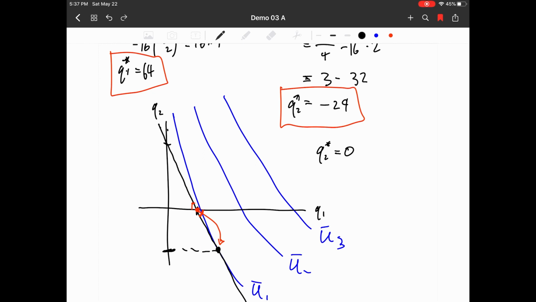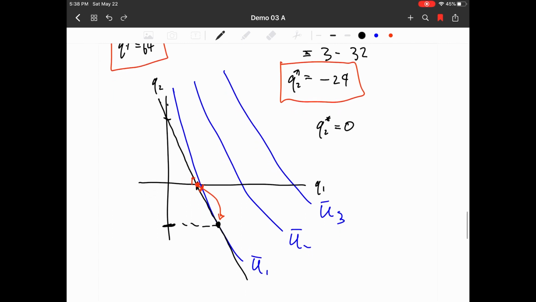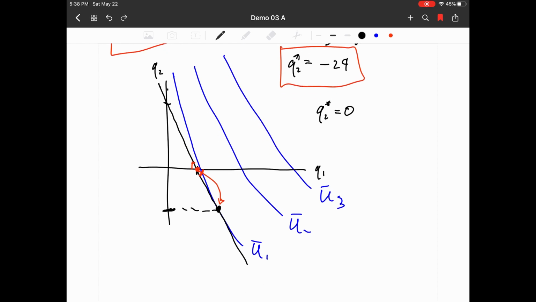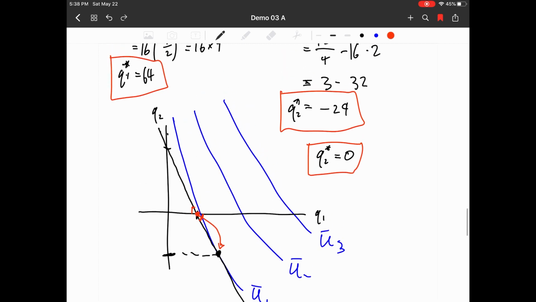And there is a way to do this with the Lagrange approach, introducing 2 more Lagrange multipliers. But this is the simpler version, where we know we want to be on the negative side of Q2, but we know we can't feasibly achieve that. So we have Q2 is equal to 0.